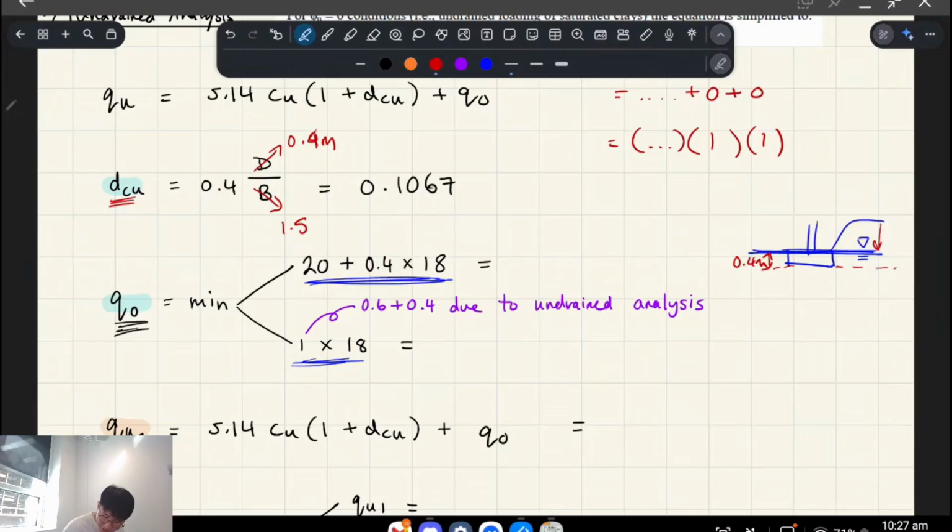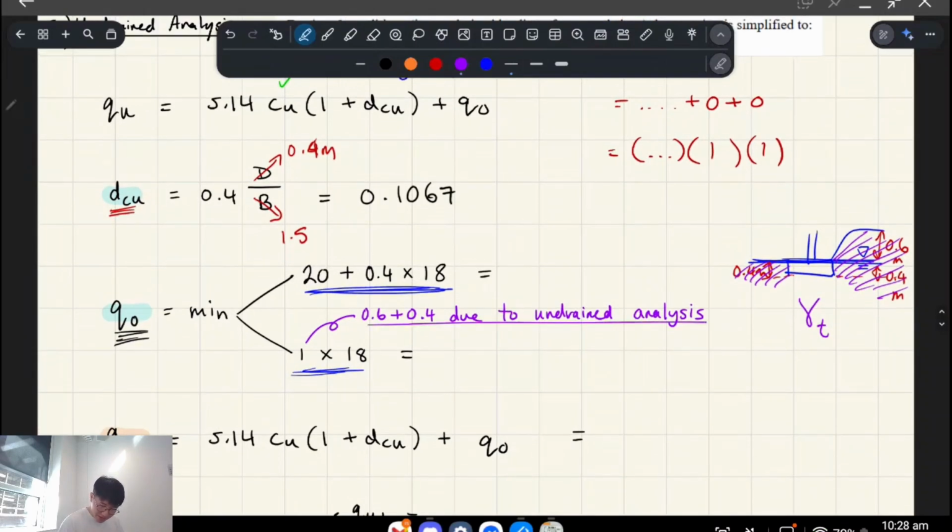And on the right, we have 0.6 meters of dry, basically, and then 0.4 meters of wet below the water table. But for undrained analysis, we basically consider it all with the same unit weight, right? Gamma T. So we don't do anything with effective unit weight. The whole thing's just going to be gamma T. So you can just think of the whole thing as saturated and the water can't escape from the pores of the soil. So yeah, that's basically what this line means.